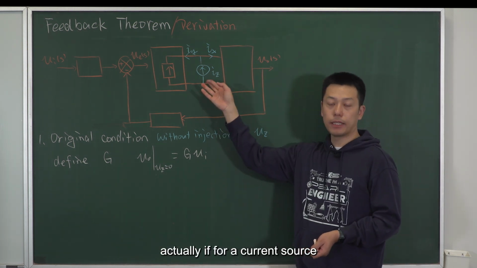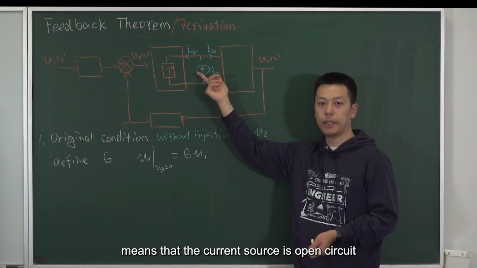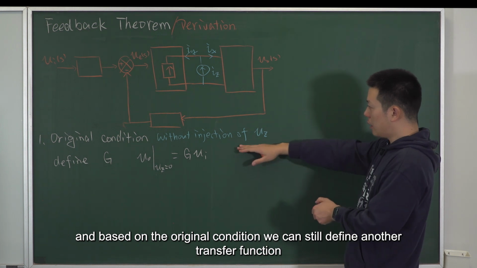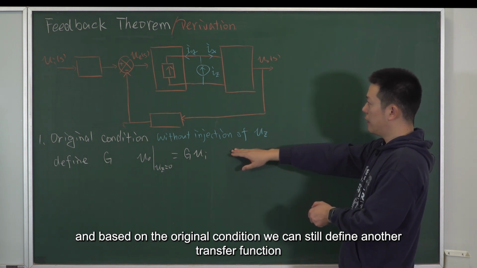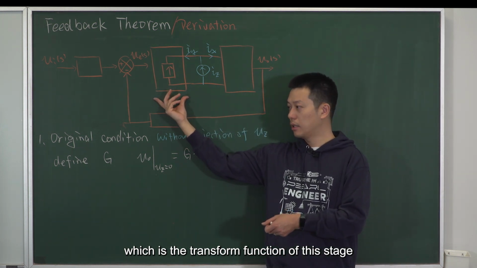Actually, for a current source, if we consider the current source is 0, it means that the current source is an open circuit. And based on the original condition, we can still define another transfer function, which is the transfer function of this stage.